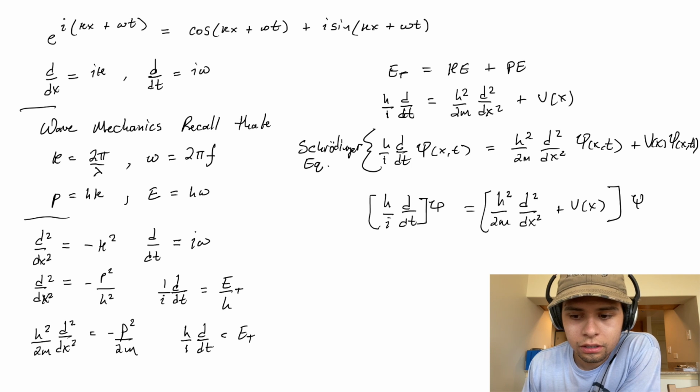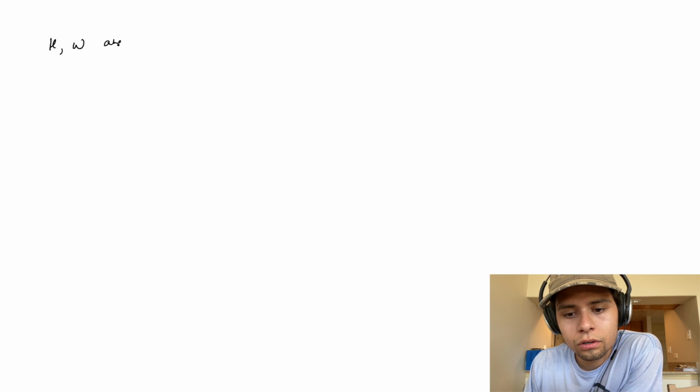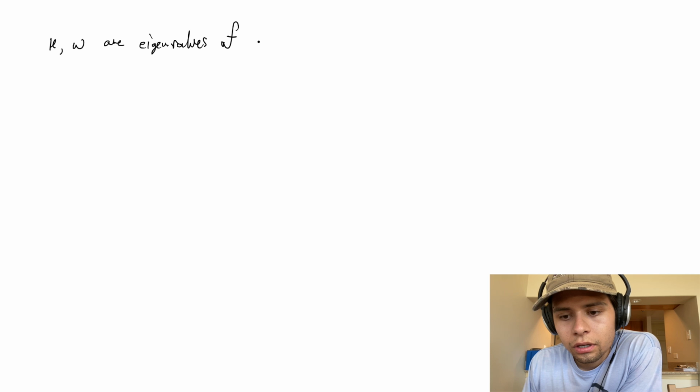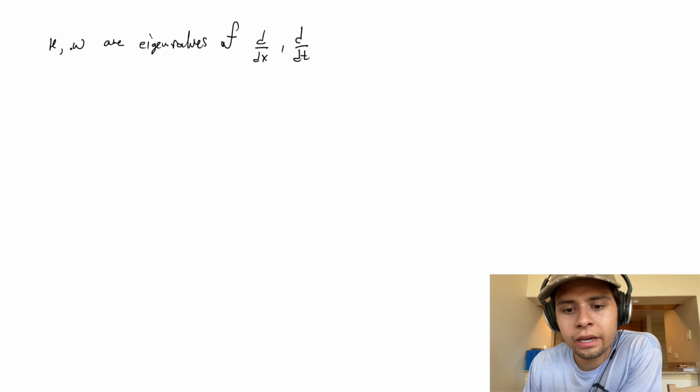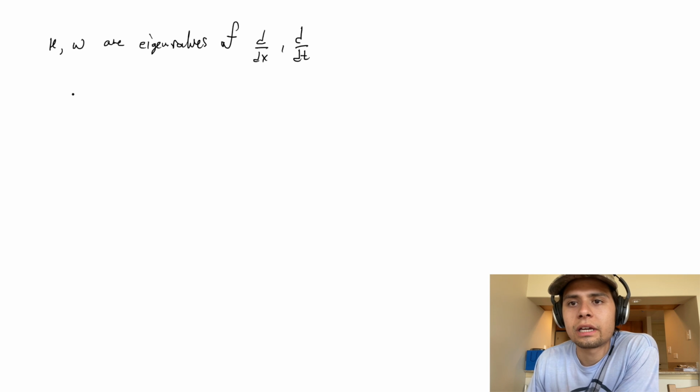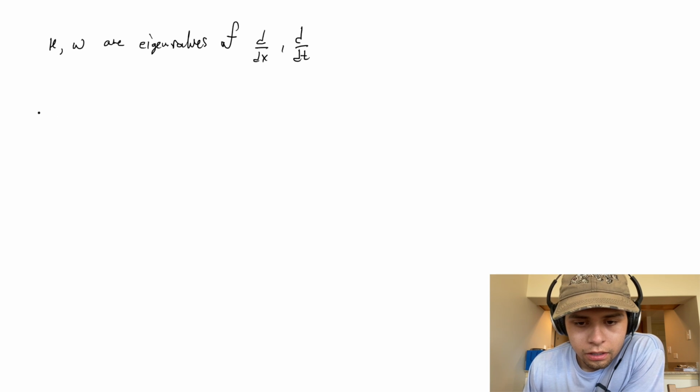And the first is that we've now developed the Schrödinger equation, and we understand that k and omega are eigenvalues of d/dx and d/dt respectively. So k and omega are eigenvalues of d/dx and d/dt respectively.